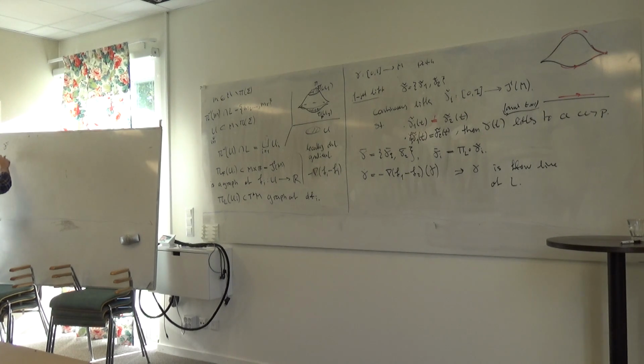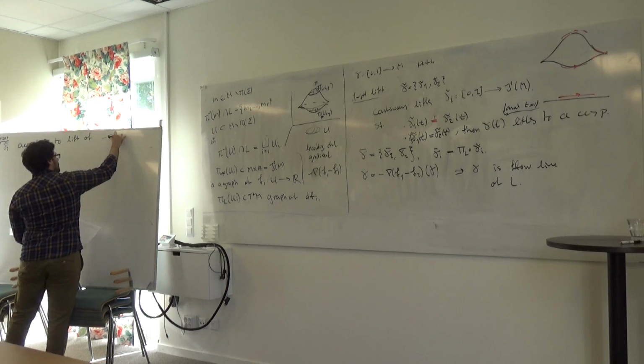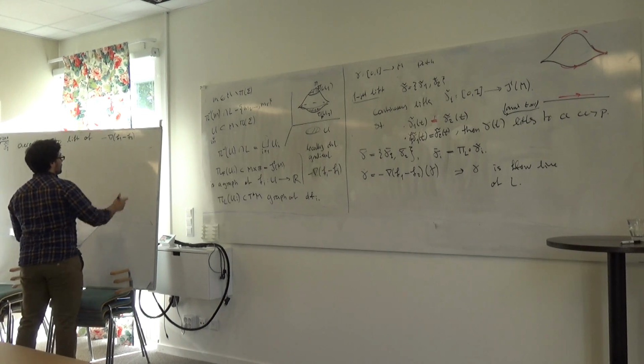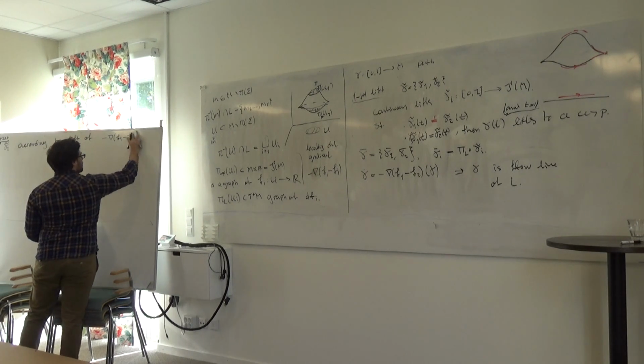So I guess this was said during the discussion, at least I thought I heard it: the one jet lift we may orient by just looking at the gradient flow and taking the lifted orientation, according to the lift of the negative gradient at the point.